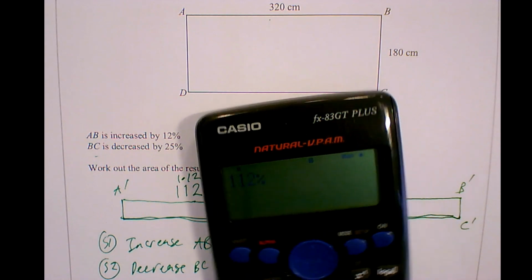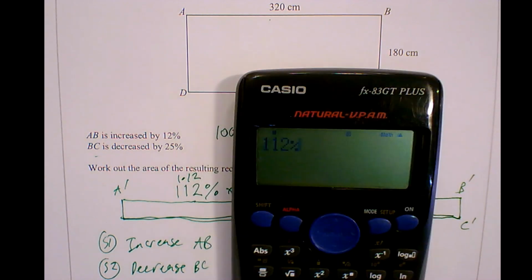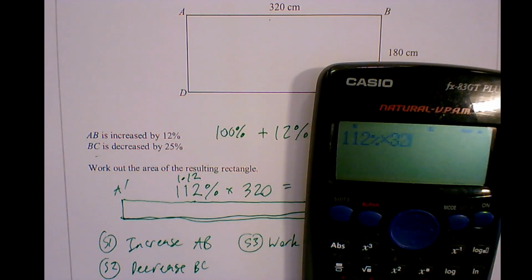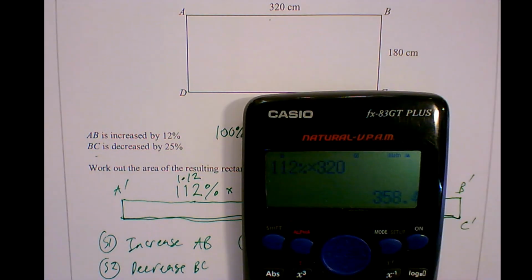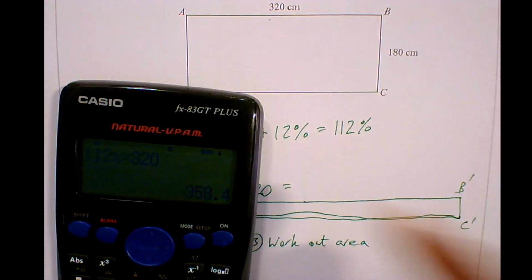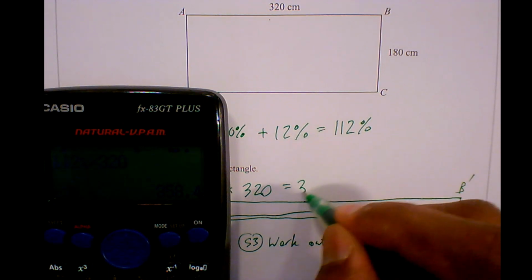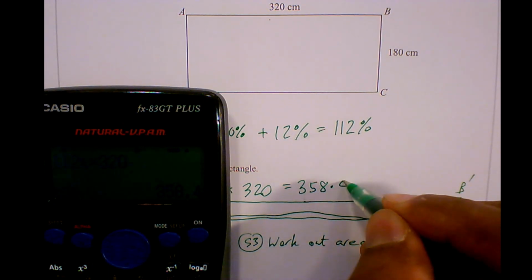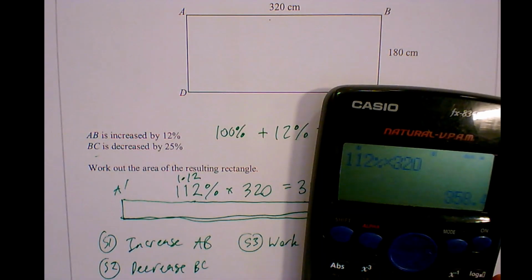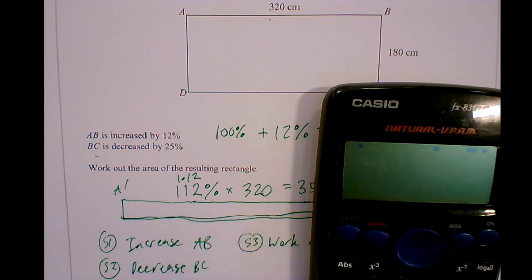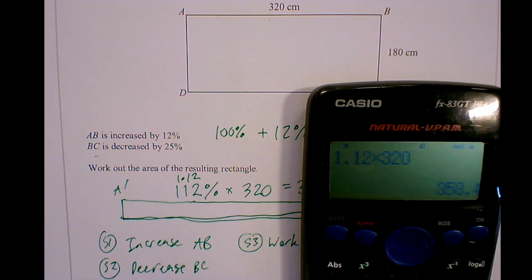There you are. So 112% times 320 gives me 358.4. And just to show you they are the same thing, 1.12 times 320 gives me 358.4. So it's the same answer.